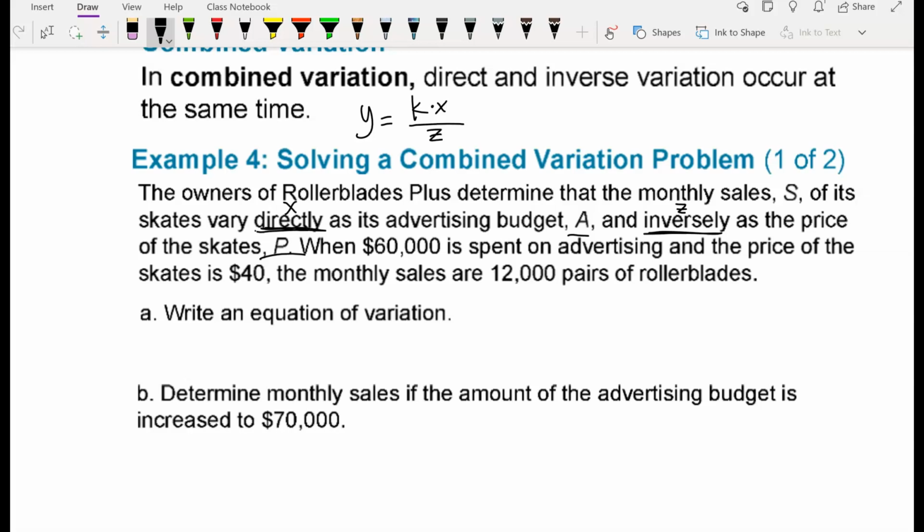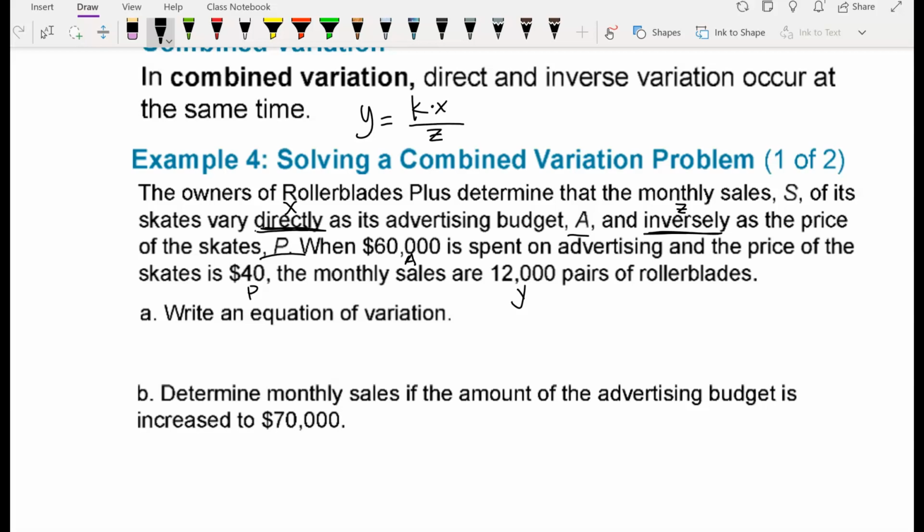So this is your P, price of skates. And then advertising budget is 60,000. So that's going to be your A. And then your Y is your monthly sales.